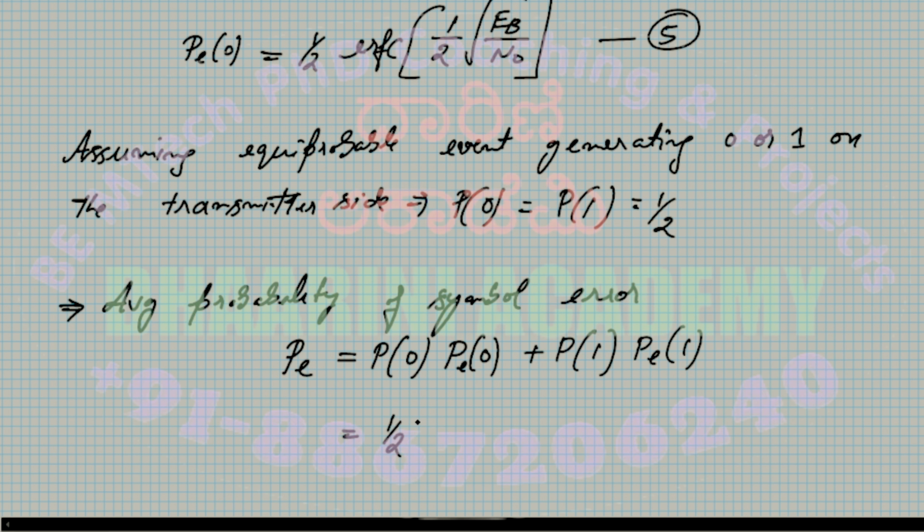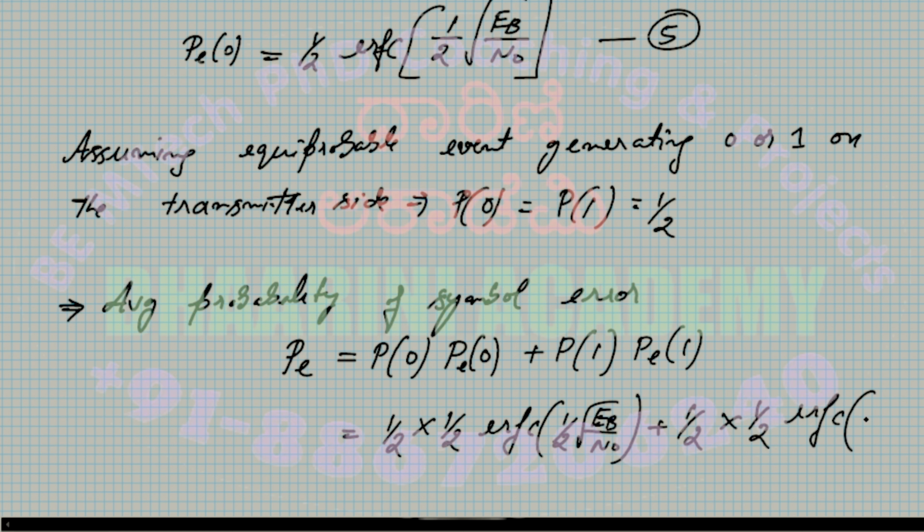So half into 1 by 2 erfc of half root Eb by N naught is my first term. Plus once again, P of 1 is half into half erfc of 1 by 2 root Eb by N naught.